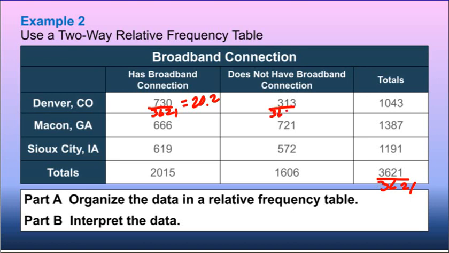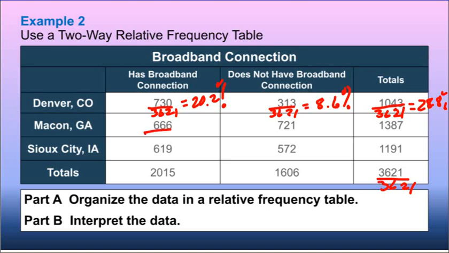Divide this by 3621. So 313 divided by 3621 gives us roughly 8.6%. Divide this by 3621. So 1043 divided by 3621 gives us 28.8, which if you add the 20.2 and the 8.6, you get 28.8.